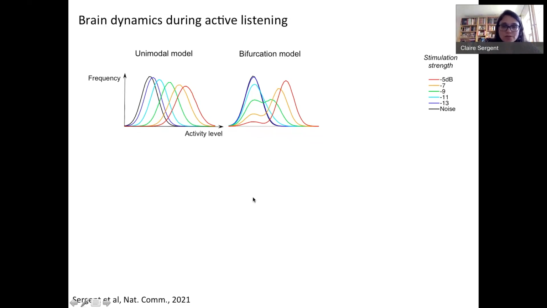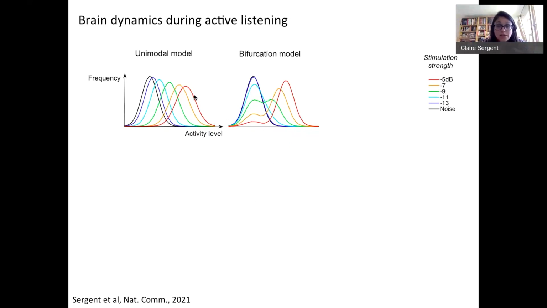While in the bifurcation models, we expect that when stimulation is around a certain threshold, we'll see a bimodal distribution occur with the height of the distribution decreased, and then again a unimodal distribution coming up when we go away from threshold stimulation. Okay, so these are the two patterns that are predicted.